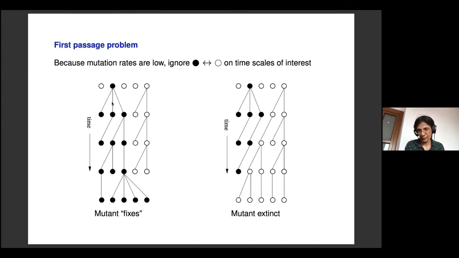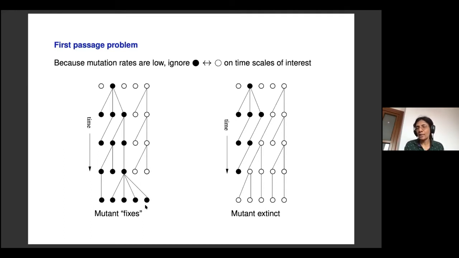So I have the 5 individuals again, and there's a darker allele which just came in. If it happens to be beneficial, you expect intuitively that it will produce offspring with more probability, and then if no more mutations happen, all the population will be of the dark allele type, right? So that's your intuitive expectation.